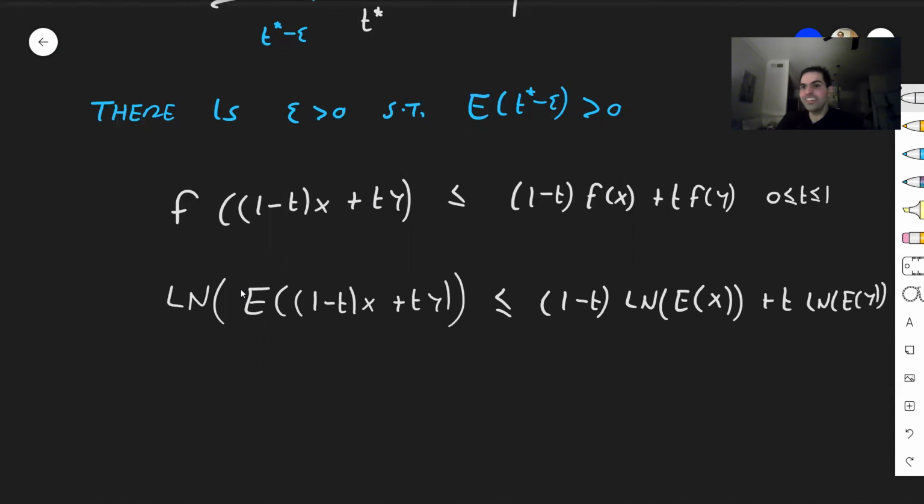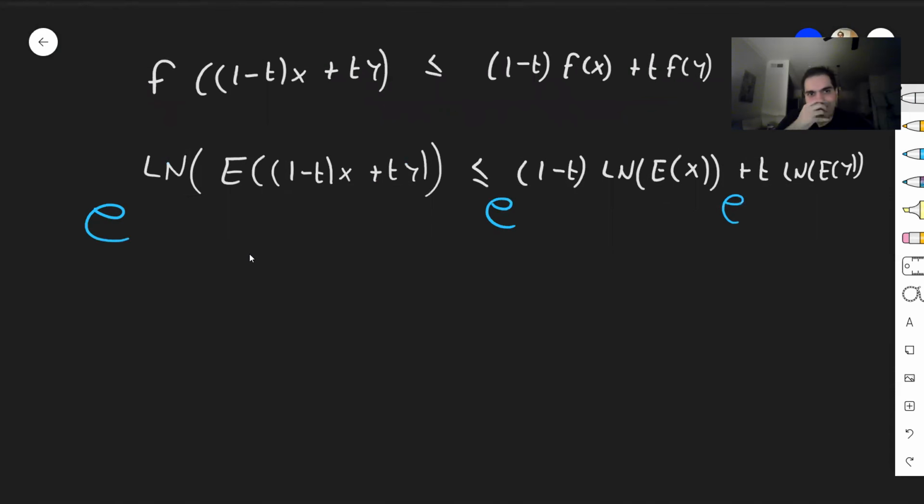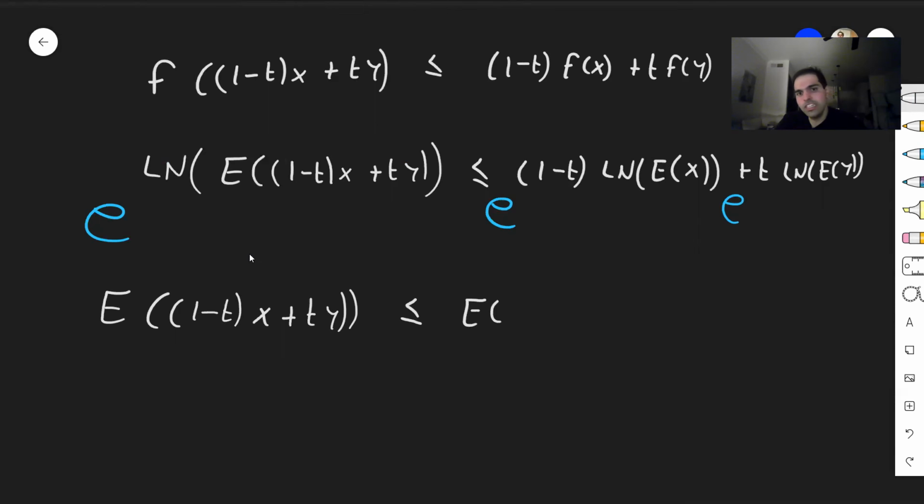All right, and to get rid of this ln, we just exponentiate. So we do e to the power, and we get e of (1 minus t)x plus ty. So again, by rules of exponents, this becomes less than or equal to e of x to the 1 minus t, and then e of y to the t.